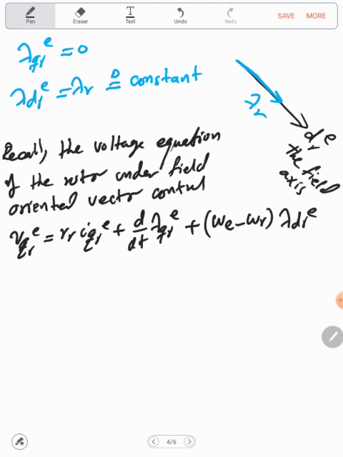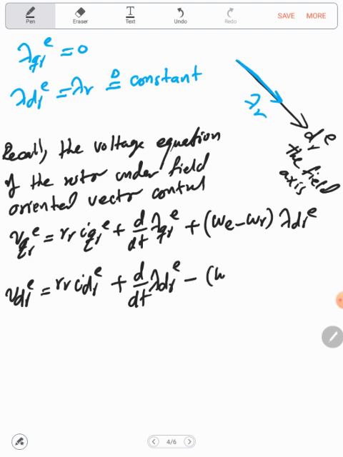This is the first equation. And we have VDRE, which is equal to RR IDRE plus d by dt of lambda DRE minus omega e minus omega r times lambda QRE.